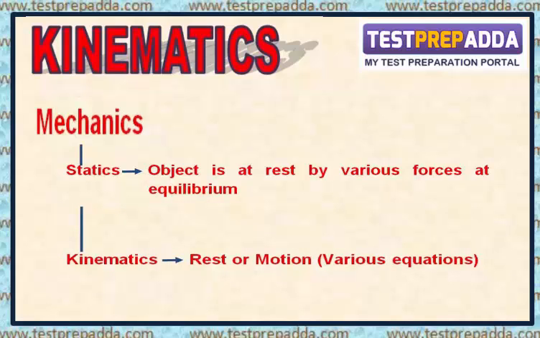In kinematics, we deal with objects at rest or in motion. Here we study properties. We study different equations of displacement, velocity, acceleration. Here we do not study the reasons why a body is moving.